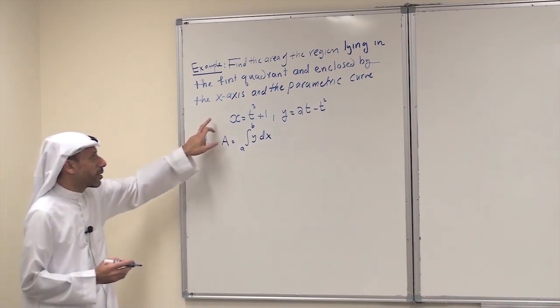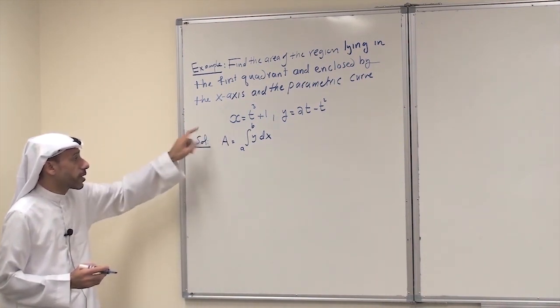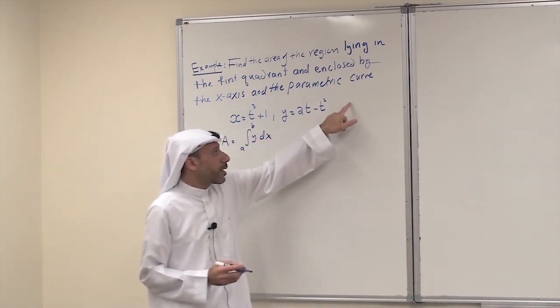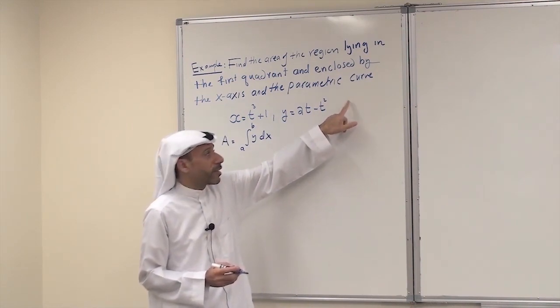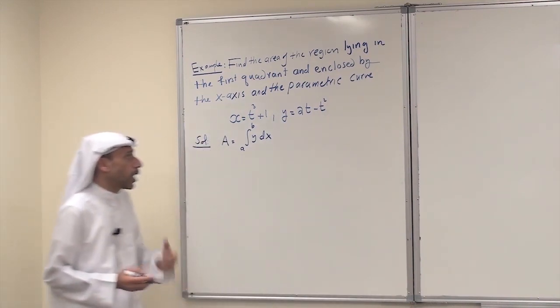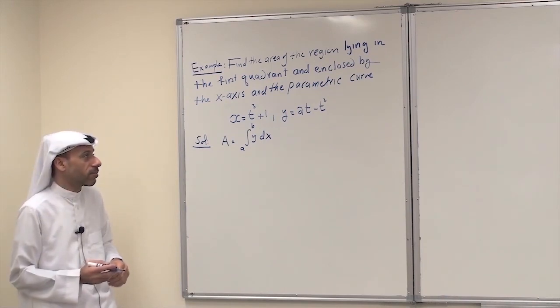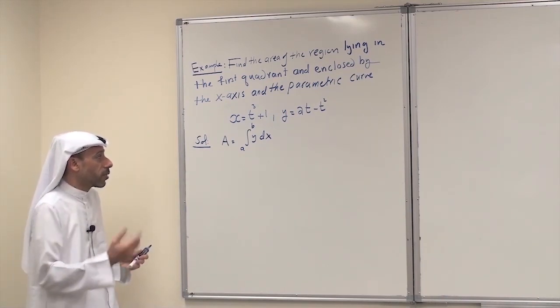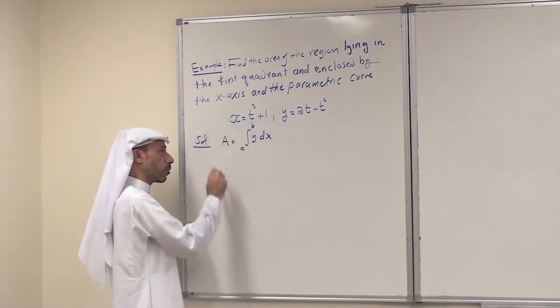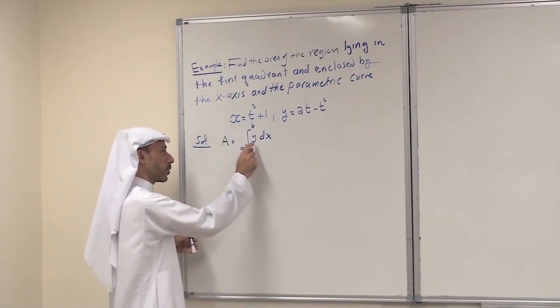But notice here in the question, there is no time interval given. The interval is not given, so we have to find the time interval. Well, how to find it? Remember that when we use this formula, we are making the assumption that y is positive.